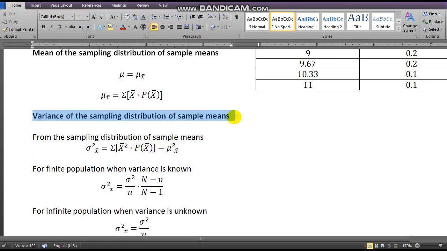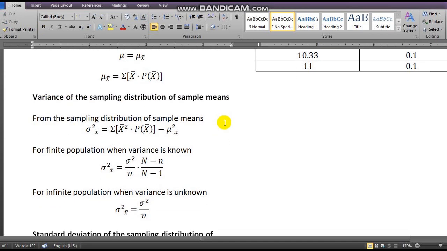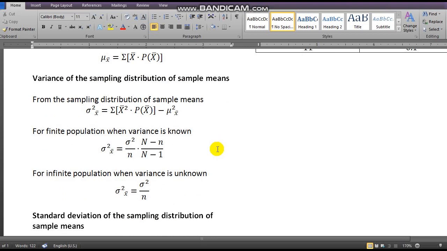The next one is the variance. For the variance of the sampling distribution of the sample means, there are two ways to get it. First, if we do not know the value of the variance of the population, and second, if we know the variance of the population. So if we do not know the variance of the population, we can just make use of the sampling distribution of the sample means.